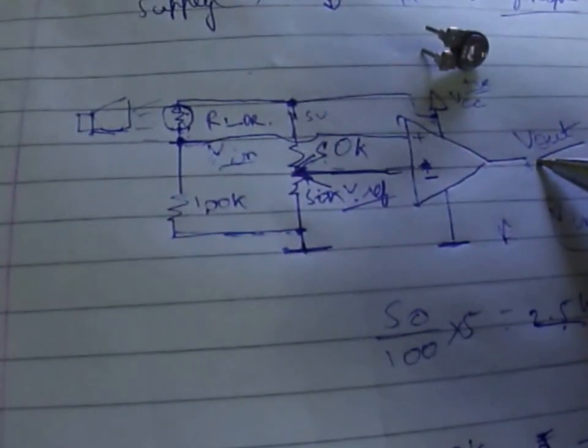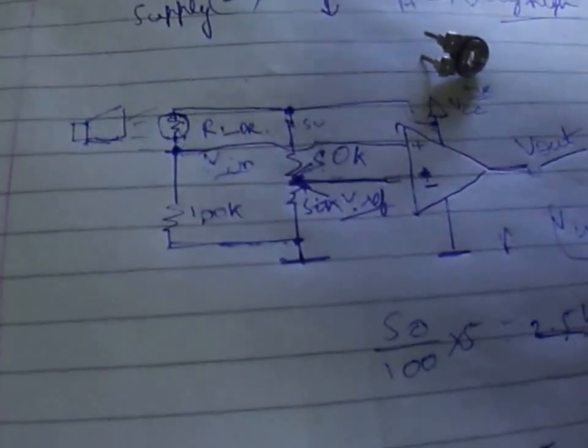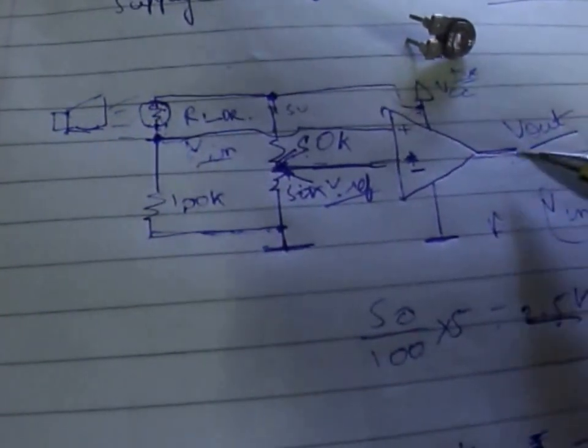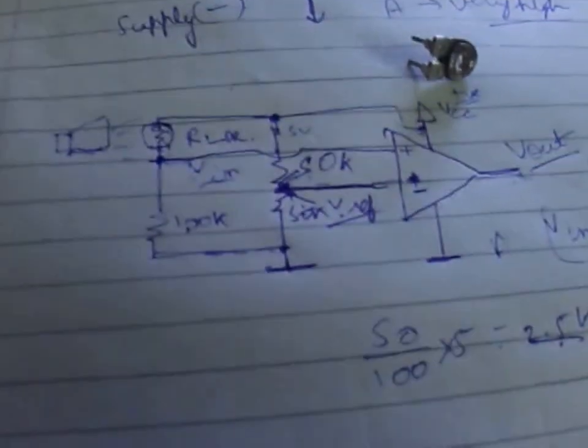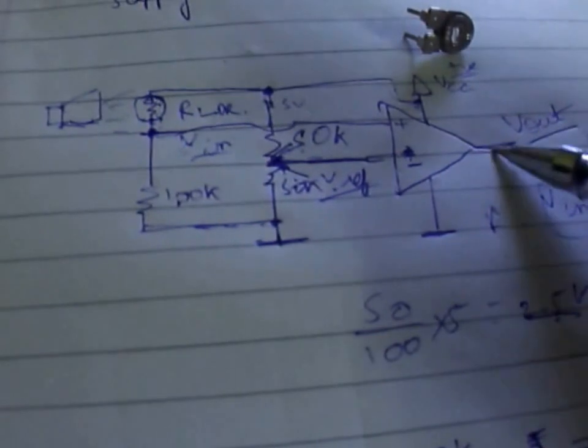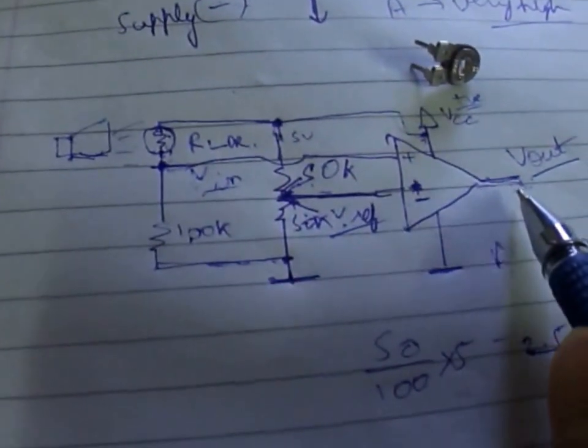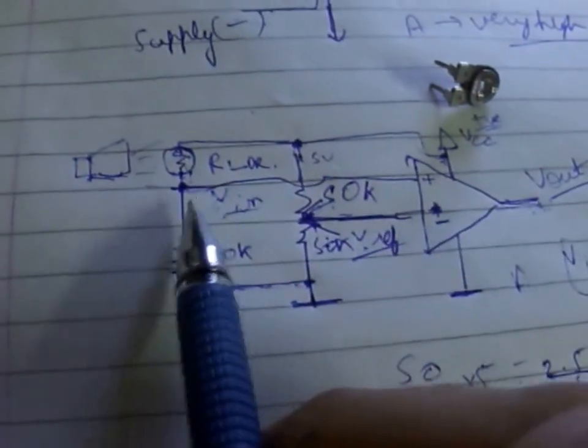It won't be exactly 5 volts because we have ignored a lot of other things, but this approximation will be sufficient for us, and we can consider it safely as logic 1.